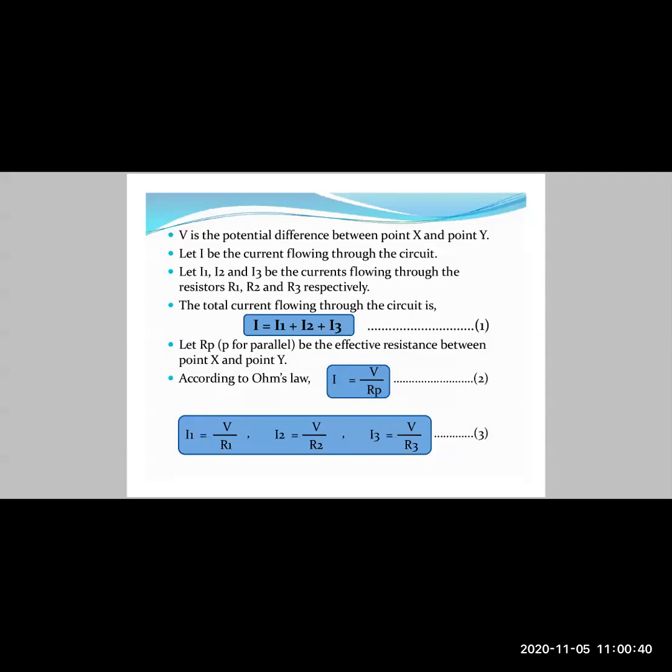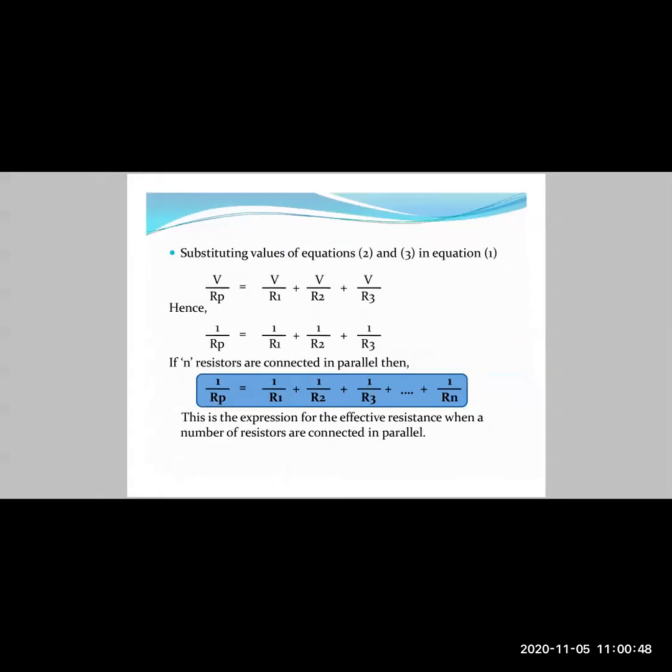Now, if we substitute the values from equation number 2 and equation number 3 in the above equation number 1, what do we get? Let us see. Substituting, we get V by Rp equals V by R1 plus V by R2 plus V by R3, right?